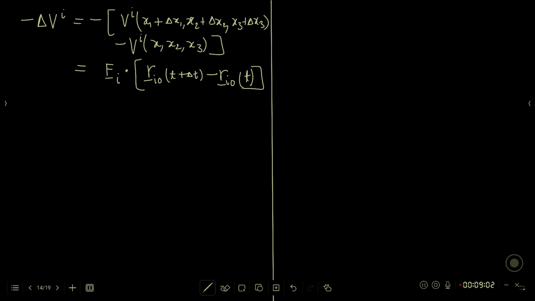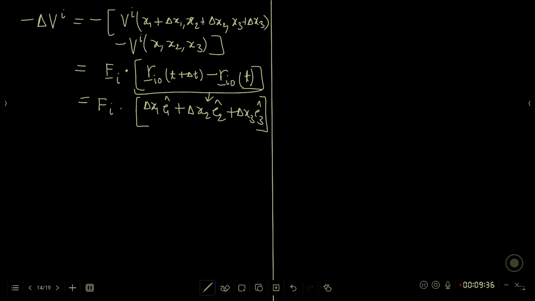Force is conservative. Now this change in the position vector I can write as this. This is precisely what this change in the position vector will be.